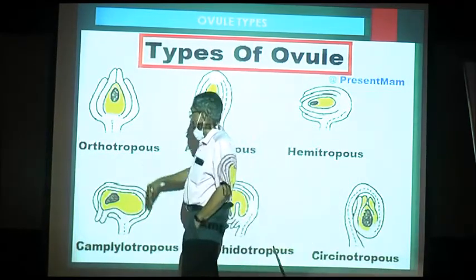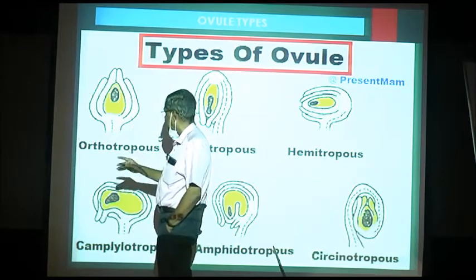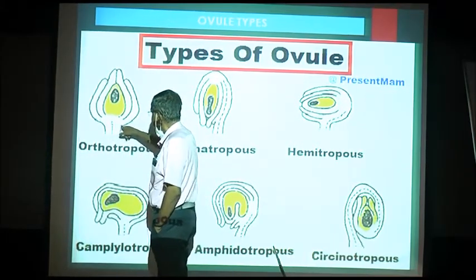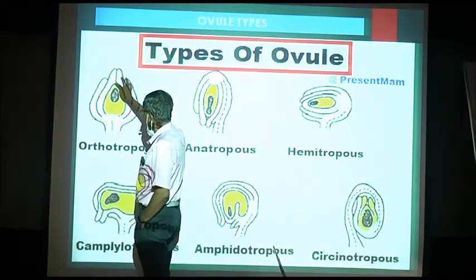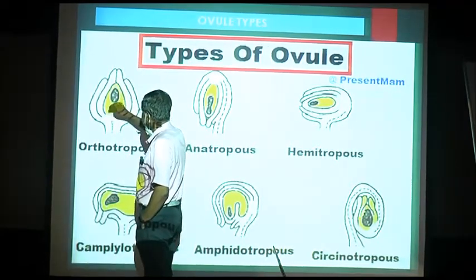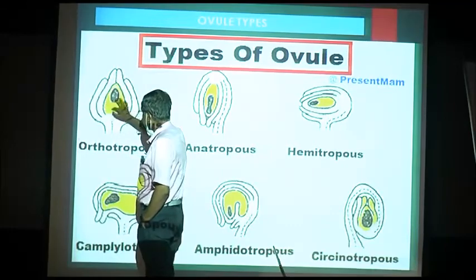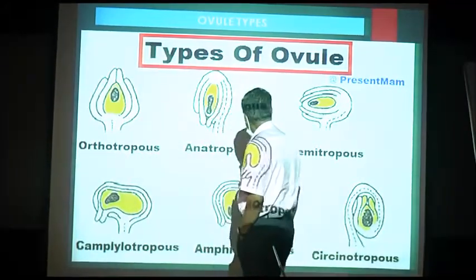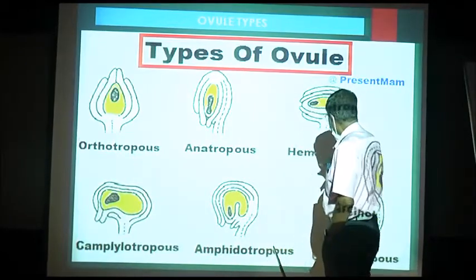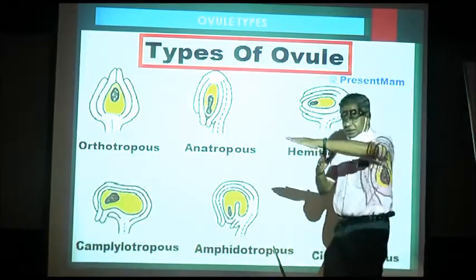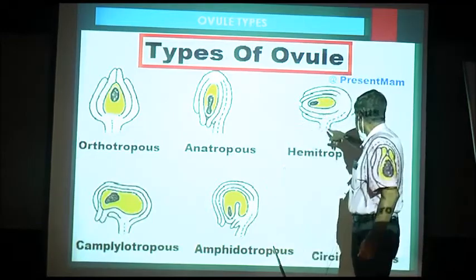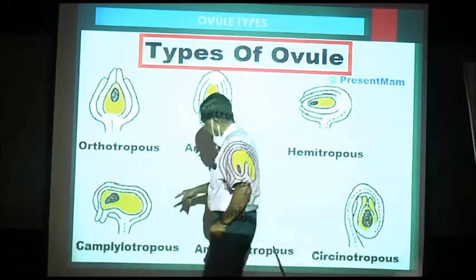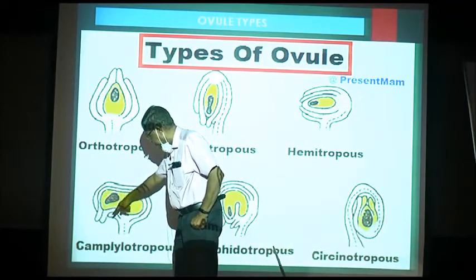Now, the orthotropous ovule is a straight ovule where this is the stalk or funicle, this is the hilum, this is the micropyle, this is the chalazal end, these are integuments, and this is the nucellus. This is orthotropous. And hemianatropous is transverse like this. The stalk is like this, and here it is bent at the tip.